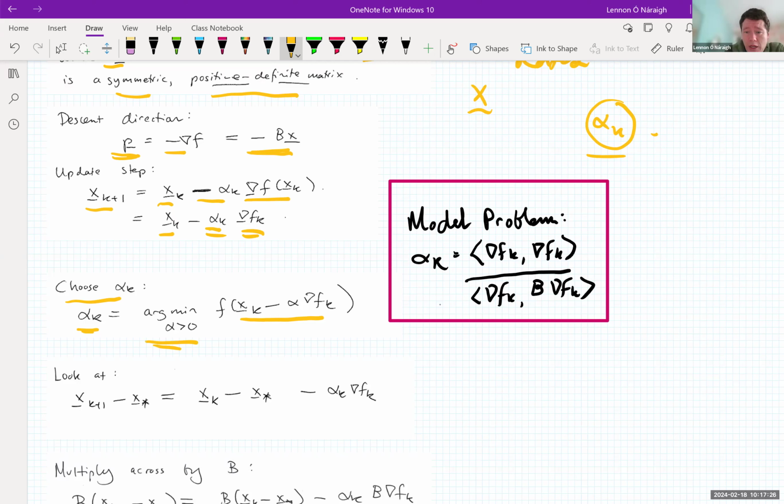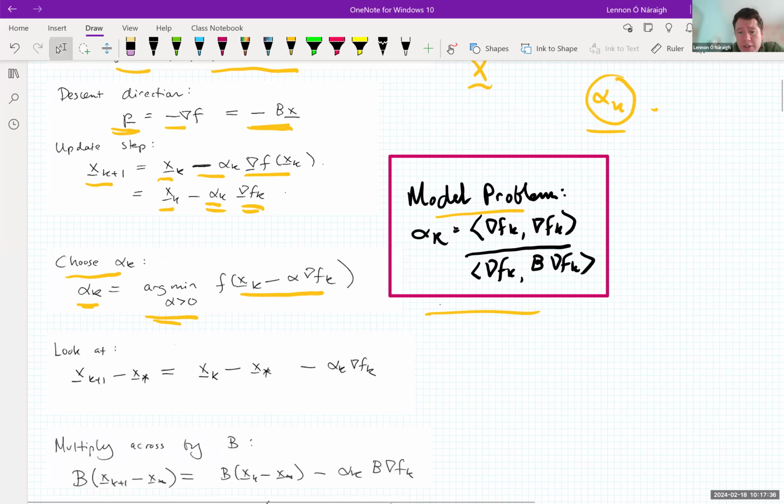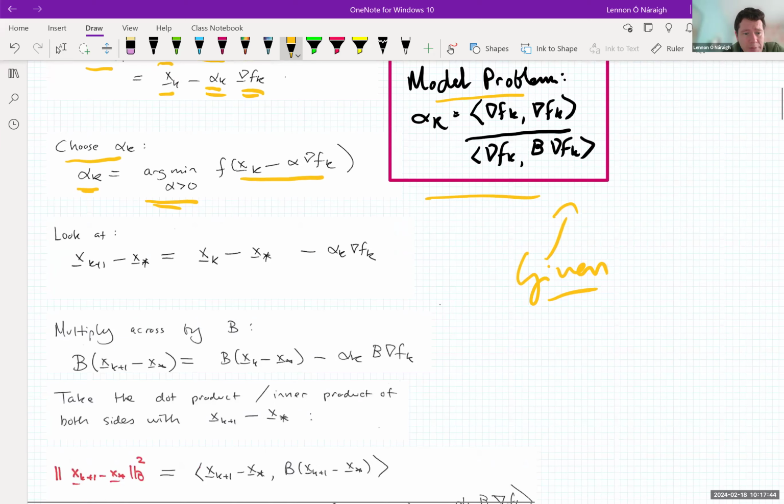For the model problem, there's actually an analytical solution for alpha k, which I present here. We will also look at this more later on. We're just going to take this as given for the time being. And this is actually a key result that we will come back to later in the lecture.